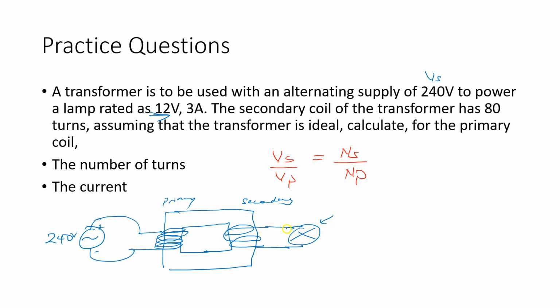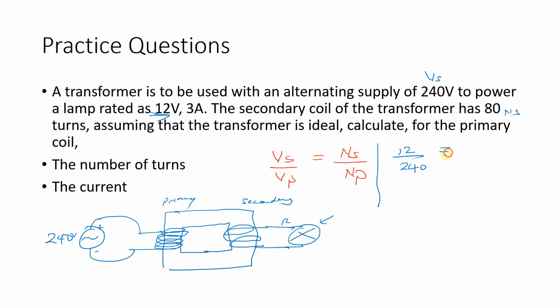It told us that the lamp has a rating of 12 volts, so I need 12 volts on this end of my transformer. They told us the number of turns on the secondary, so this is going to be NS. Using our equation, I know that VS is 12 because that's the amount I need to power up the light bulb. I know that VP is 240 because that is the power supply connected to the transformer.